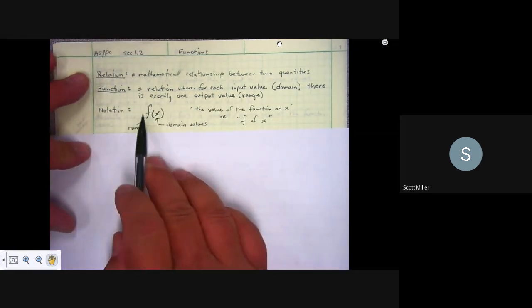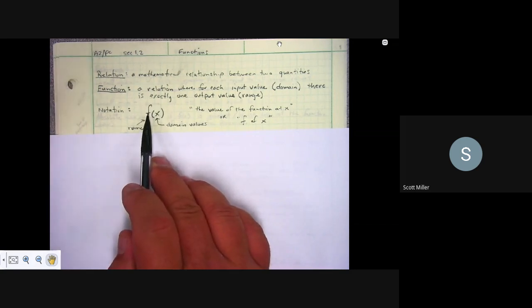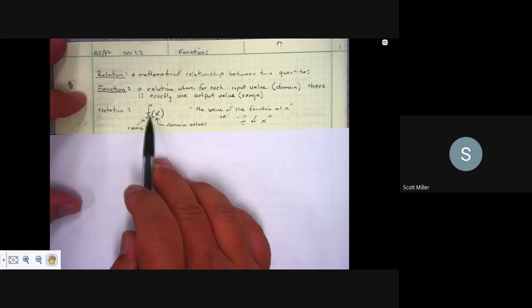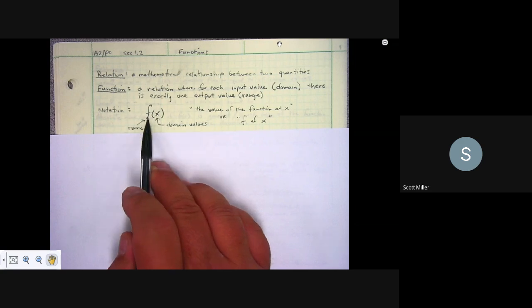One of the easiest ways to determine something's a function is by looking at its graph. I'm sorry, let's look at the notation first, what this means. Function notation is written like this. It's usually a lowercase letter, could be uppercase, it doesn't really matter, and next to it in parentheses is a single letter. This letter right here represents the variable of the function. This letter means the name of the function.